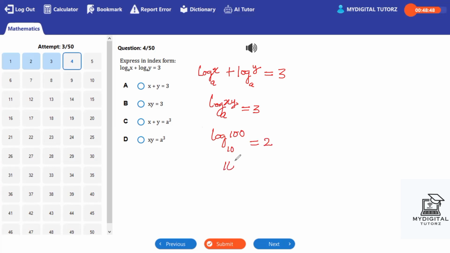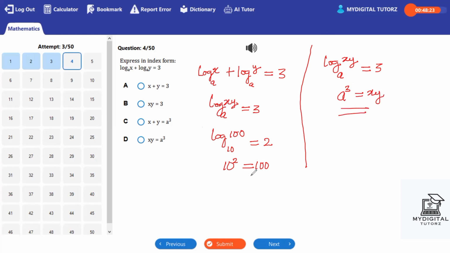By the time you say 10 raised to power 2, that is what? 100. So compare it with this: log of xy to the base of A equal to 3 becomes A raised to power 3 equal to xy.